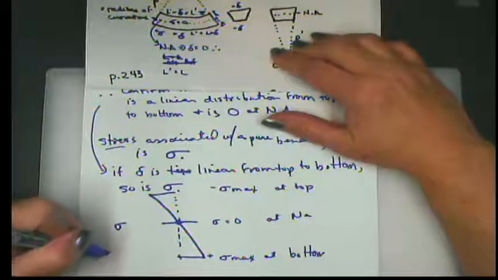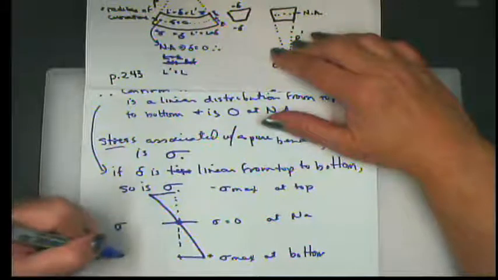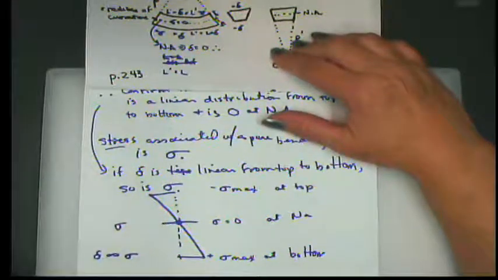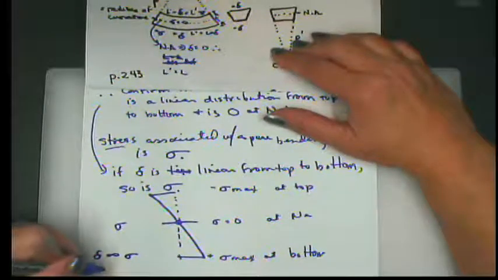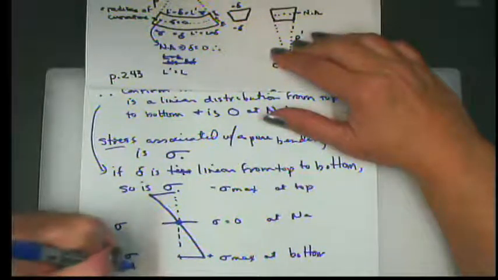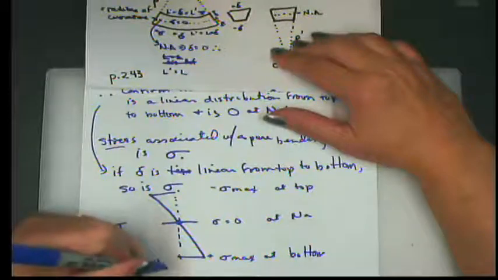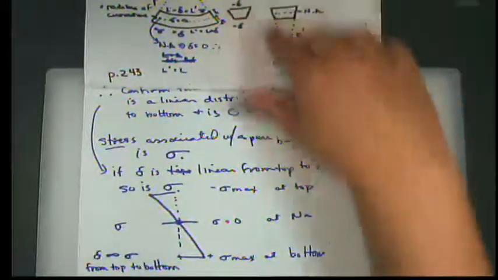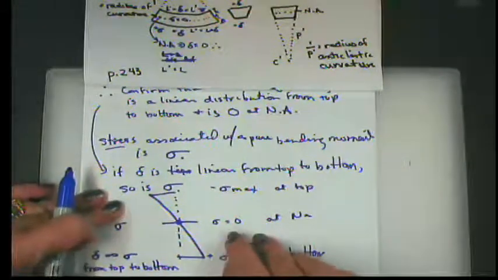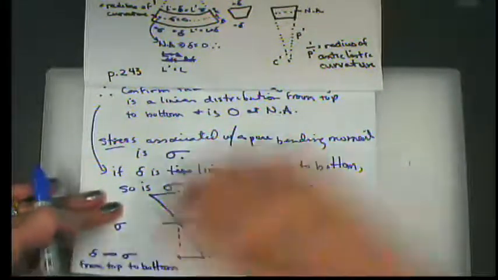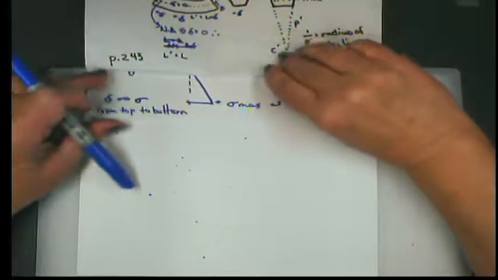Del is linearly proportional to sigma from the top to the bottom. That's for a prismatic member. We're going to get a little bit more complicated geometry, and we'll have a slightly different distribution at that point. But for a prismatic member, that is the case.